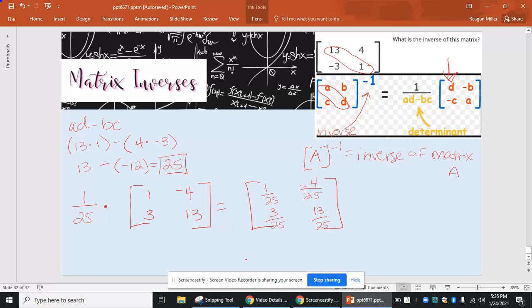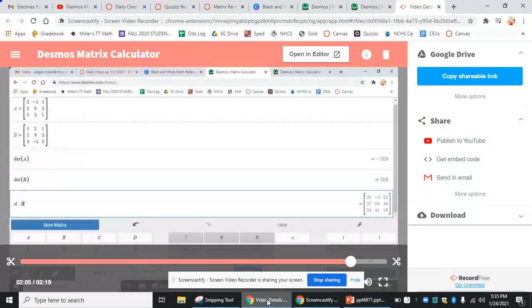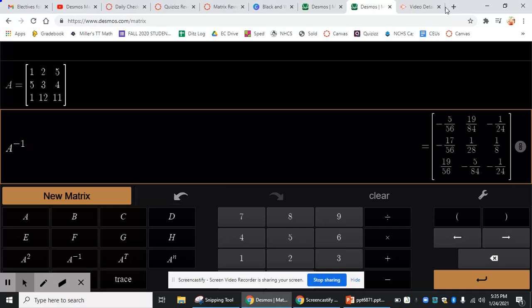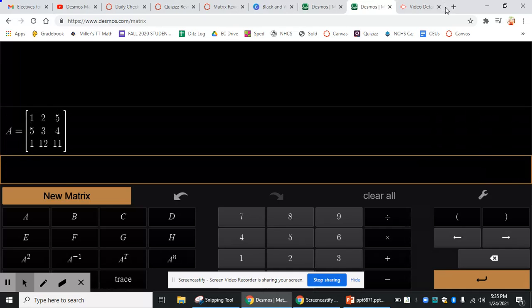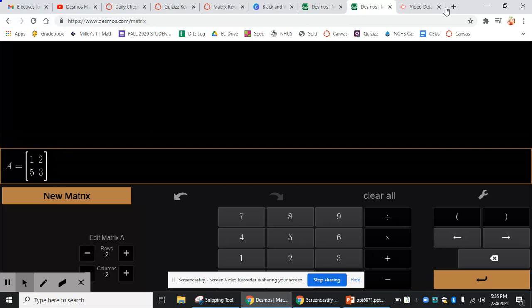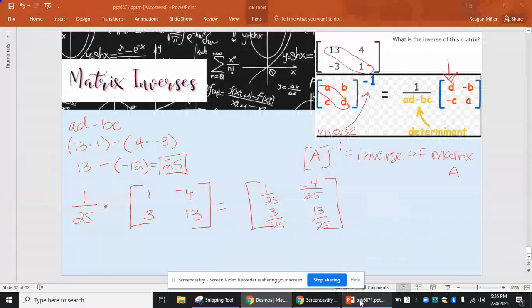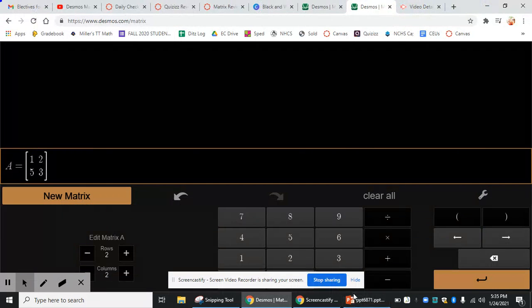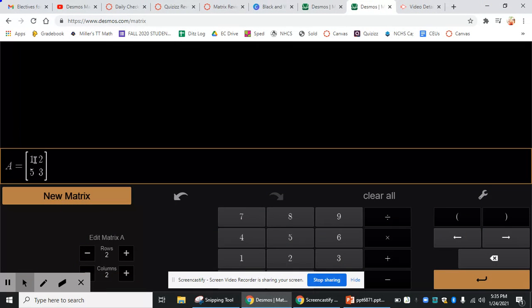Now, if it were me and my teacher didn't tell me I absolutely cannot use Desmos, I would probably be using Desmos to find this matrix. So for instance, if you type your matrix, whatever it is, into the Desmos calculator, and ours is 13, 4, -3, and 1, you can literally just type it in.